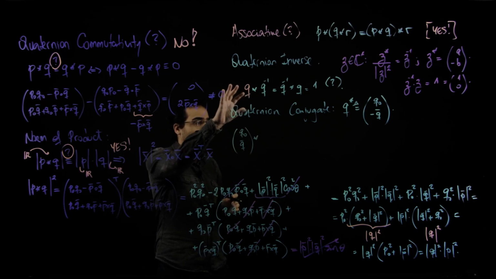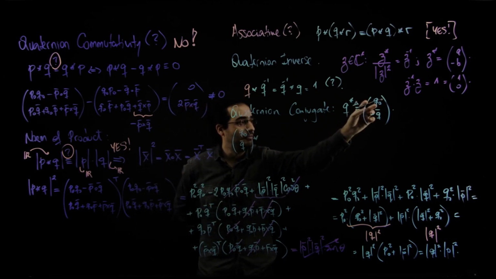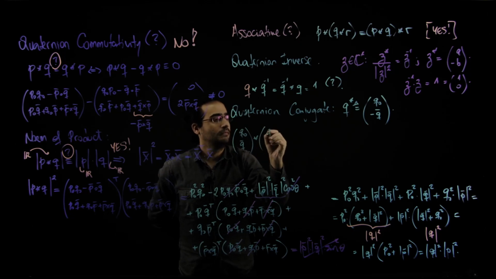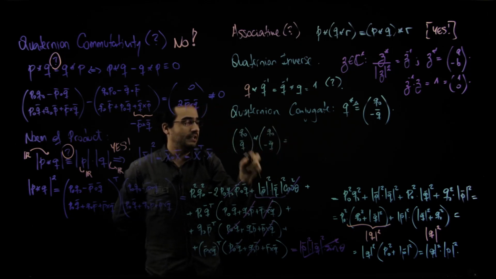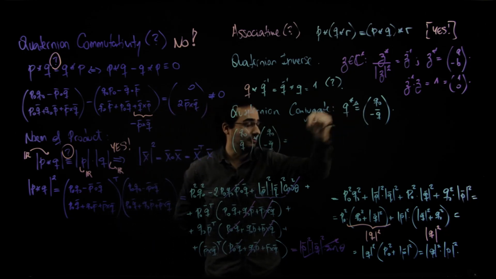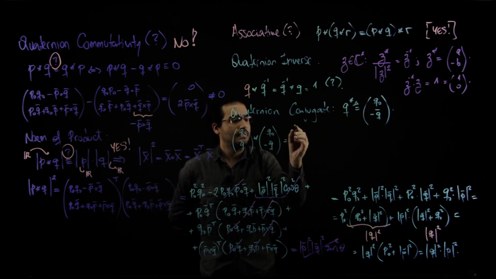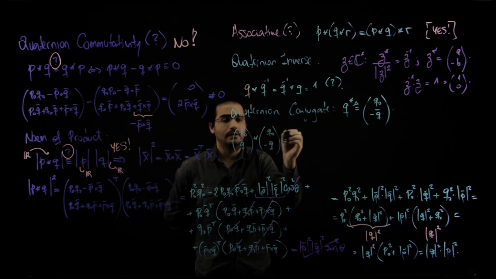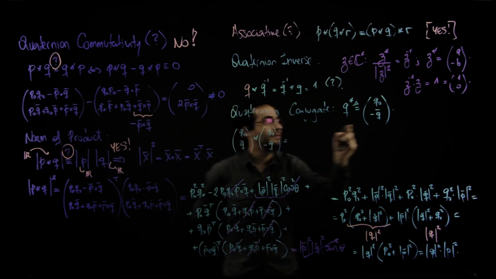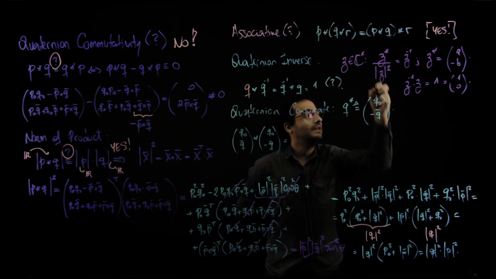I'm proposing an inverse, all right? So we need to check if that's actually an inverse or not. I'm proposing that. So we need to do this product, and if it's 1, that's good. I know that that's an inverse for the quaternion. So when I want to do this, I want to remember that we want to do exactly the same thing.